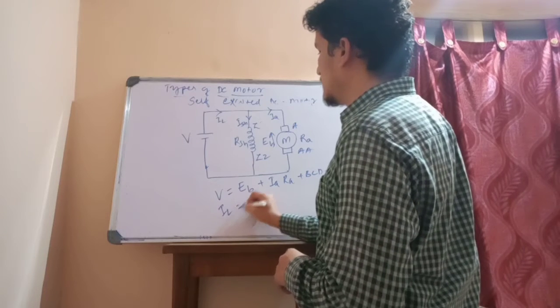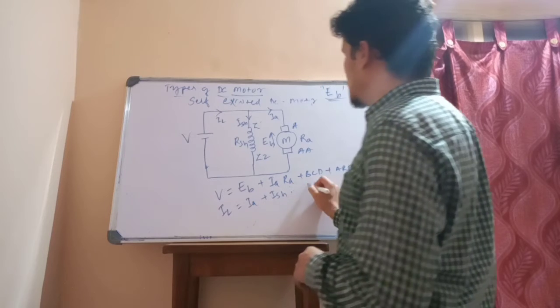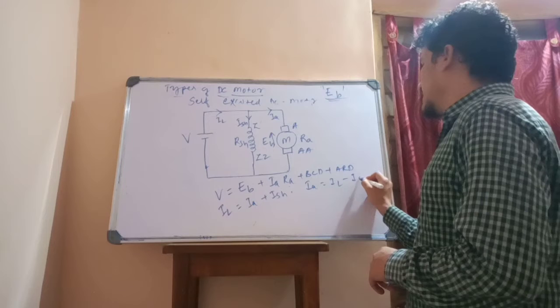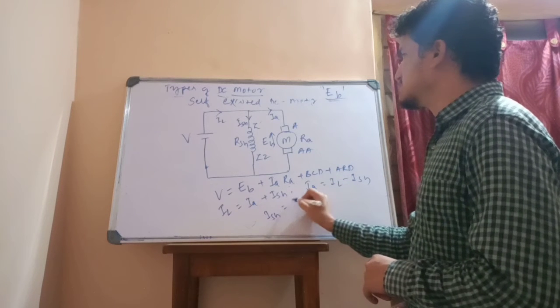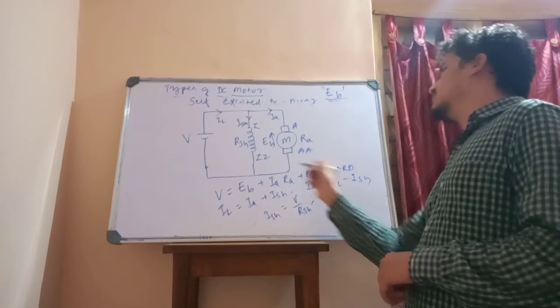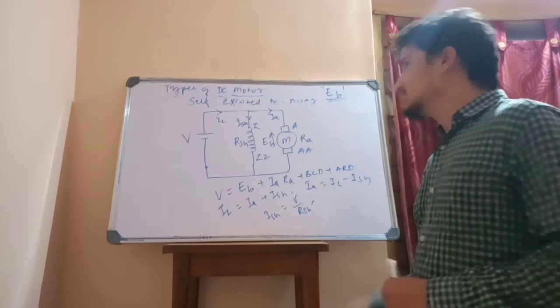IL must be equal to IA plus ISH. What is the armature current? IA must be equal to IL minus ISH. What is ISH? ISH is equal to V by RSH. So this is all about the connecting terms.